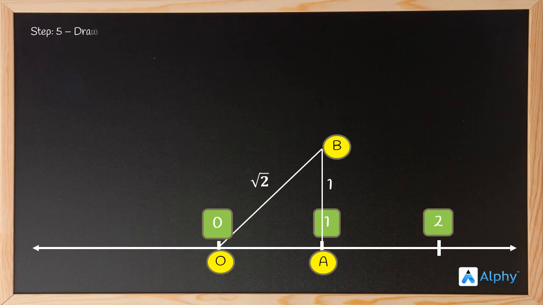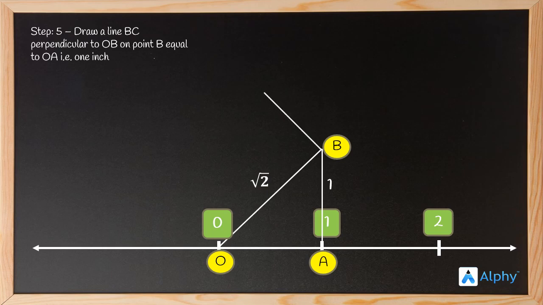Now what is the next step? The next step says draw a line BC perpendicular to OB at point B, equal to OA, that is 1 inch. So don't get confused. You just have to draw a perpendicular line to the line OB. The name of this point will be C and the length is again 1 unit.